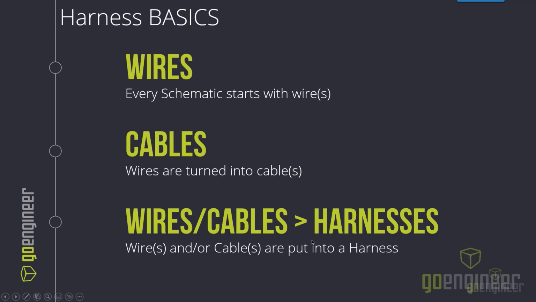When we get into harnesses, that's where we're collecting everything together. So we're collecting our wires, our connectors, and even cables if we did turn some of them into an outer jacket. And all that is getting turned into a harness. This is something to wrap your head around if you haven't dealt with harnesses a little bit.